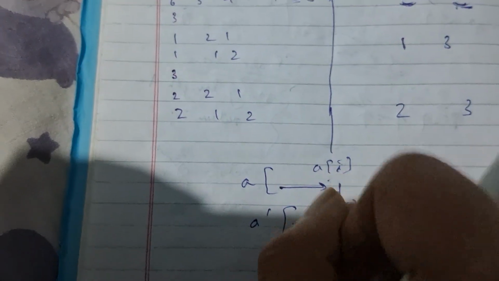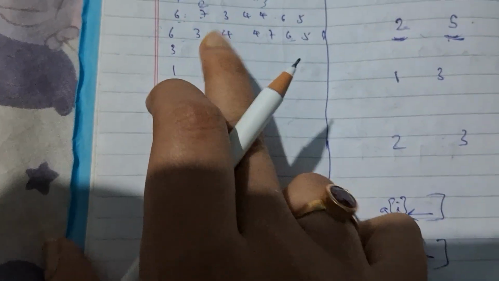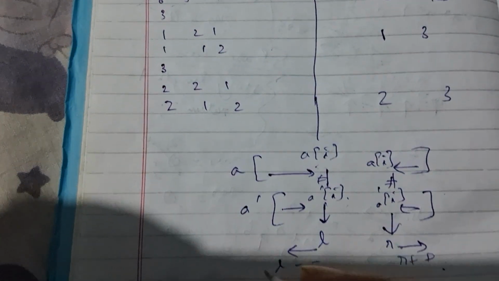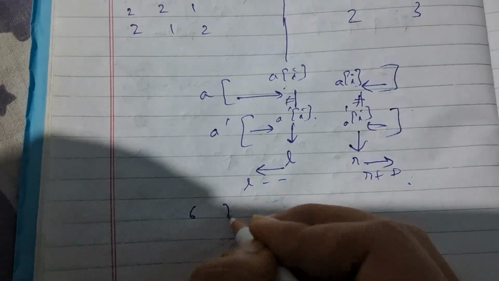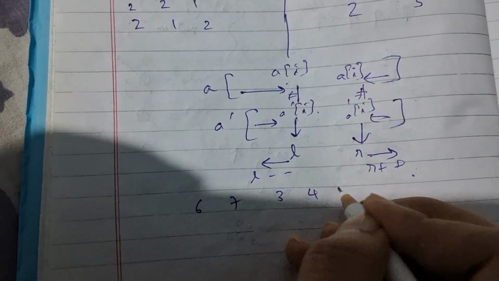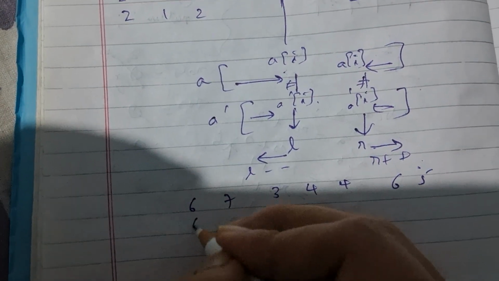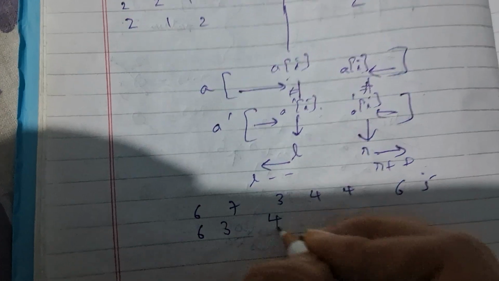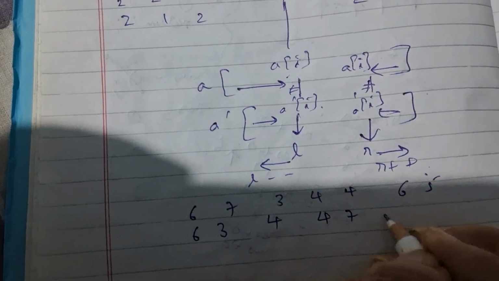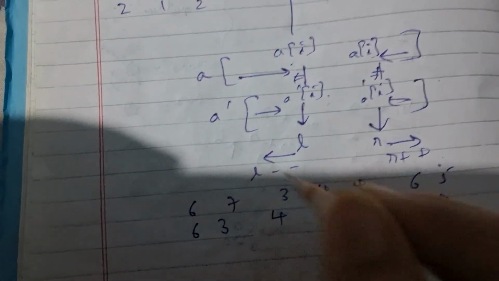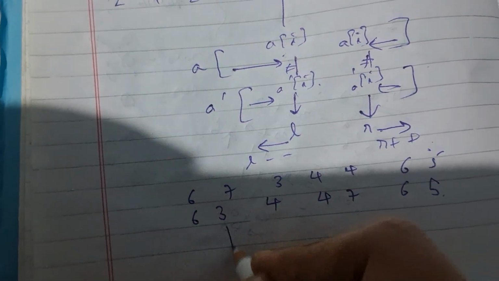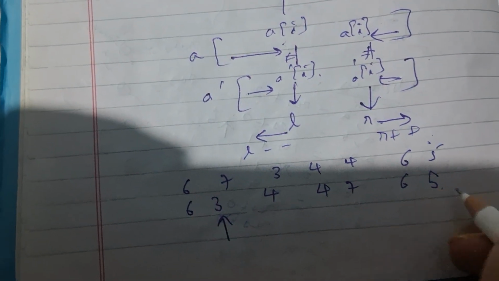So let me make you understand this with an example: 6 7 3 4 4 6 5, and the modified array should be 6 3 4 4 7 6 5. So what is the first element that differs? This. And what is the last element that differs?